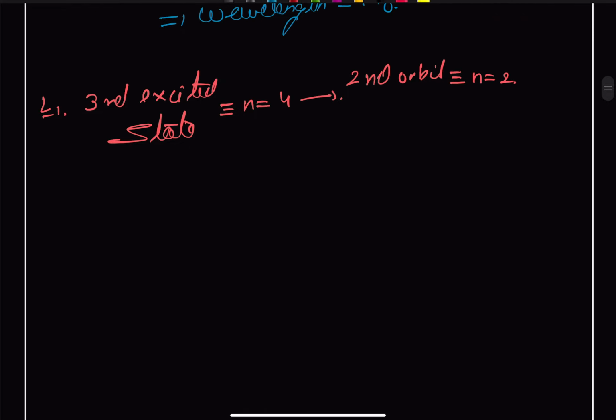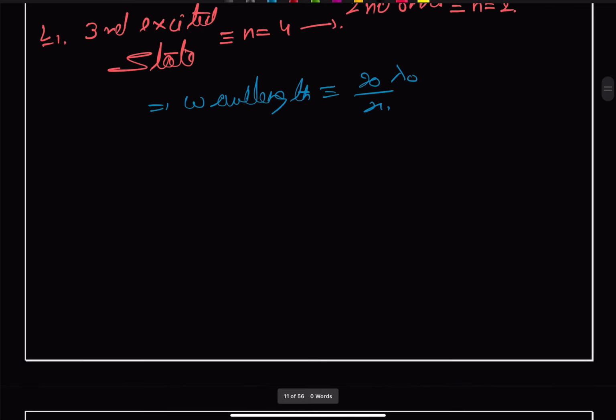And in this case, the wavelength is given to us 20 lambda naught divided by x, and we are supposed to find out value of x. So we are going to use Rydberg formula for these two transitions.